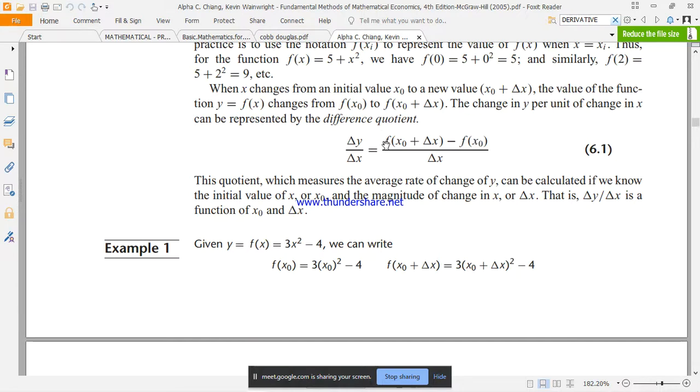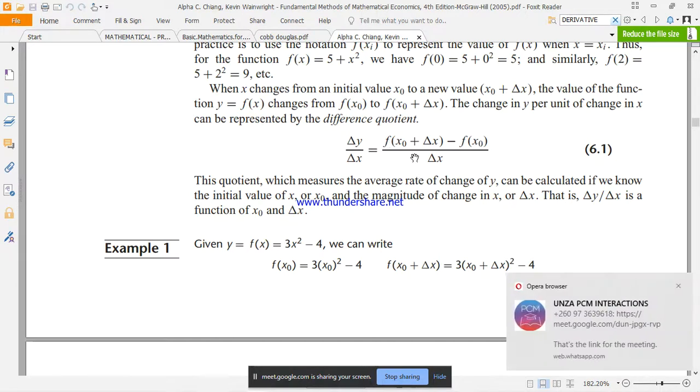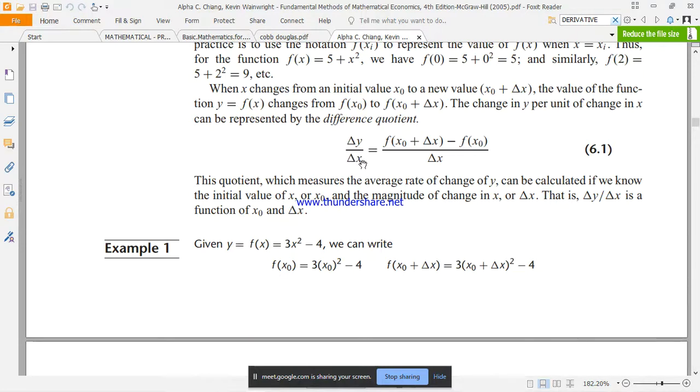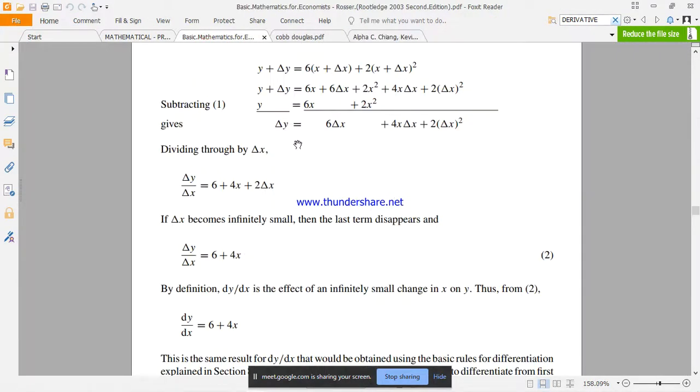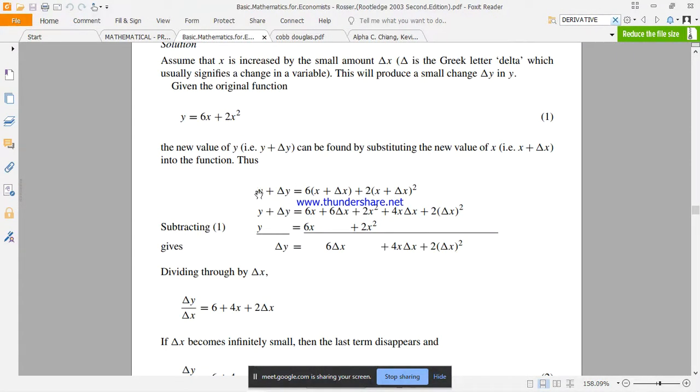No difference whatsoever. The application is that you are trying to measure this rate of change in Y because of a 1 unit change in X. This book explains it very well: the total change will be the initial value of Y plus the change in Y that was caused by a change in X. Let's assume the initial Y was 20.